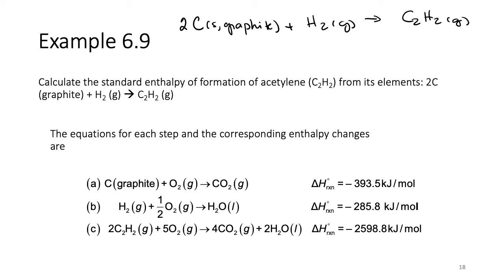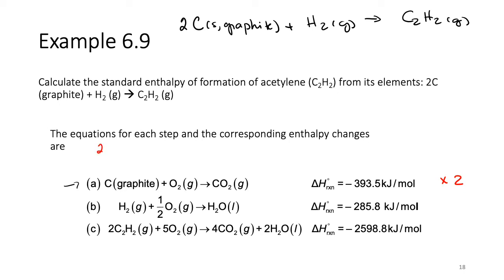So you look at the first equation. You have carbon, graphite, cool. Do you have the right number of moles of carbon, solid graphite? No, you do not. So you need to multiply the whole thing by 2.